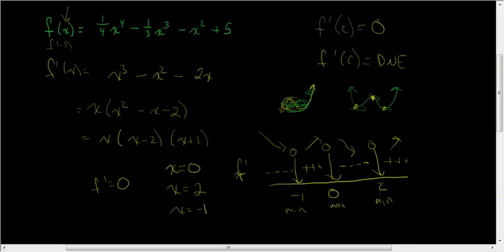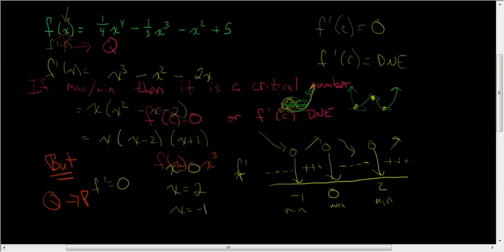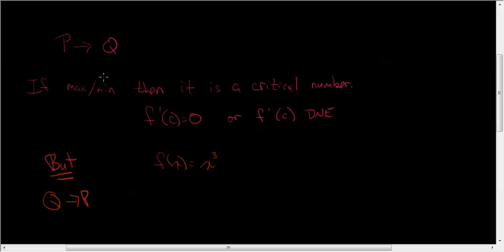Okay. All right, let me give you a quick caution. I mentioned this in class, but let me give you a quick caution. If there is a local min or local max, if the function turns, that will occur at a critical number.